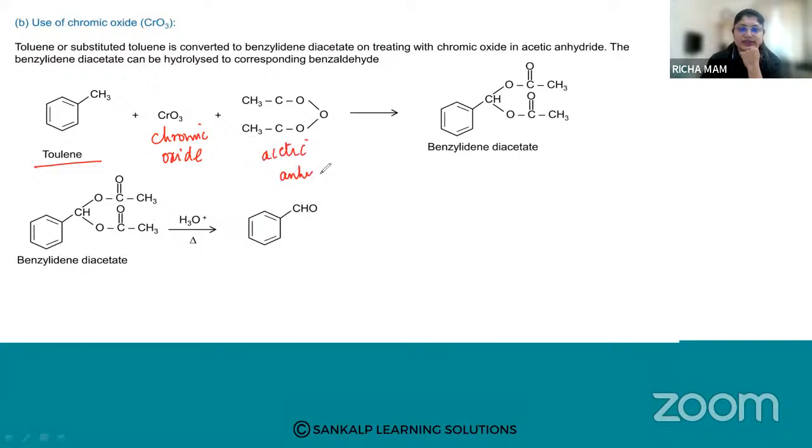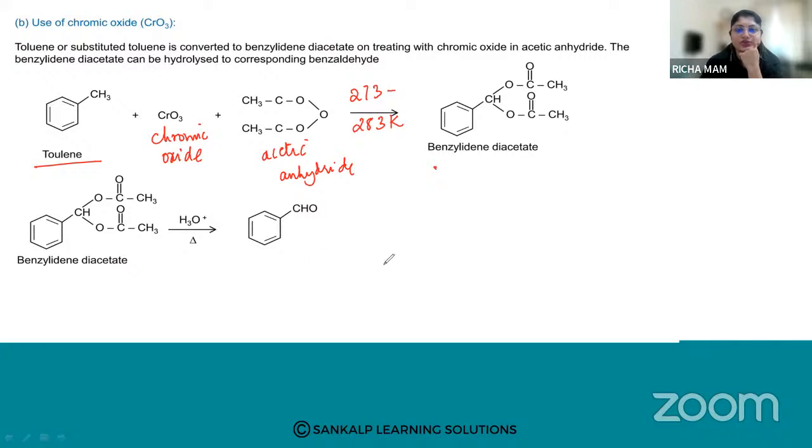The temperature condition is very low, 273 to 283 Kelvin. It gives you benzylidene diacetate.